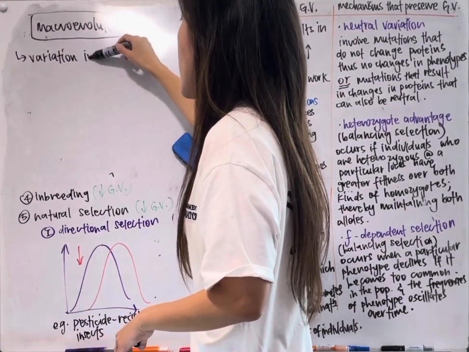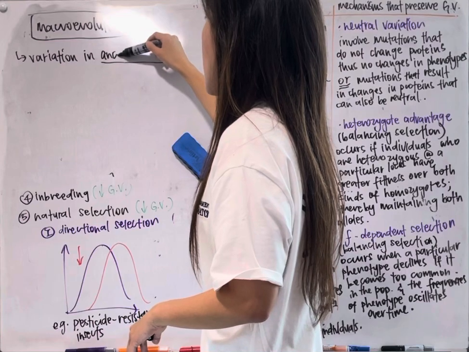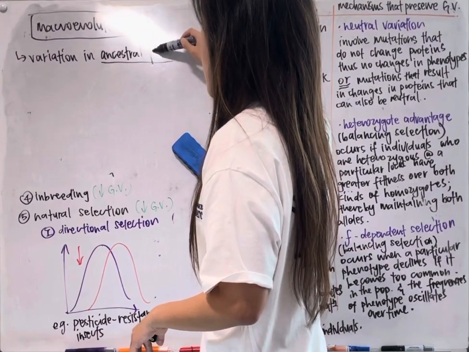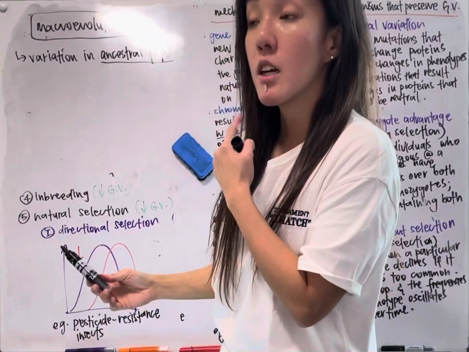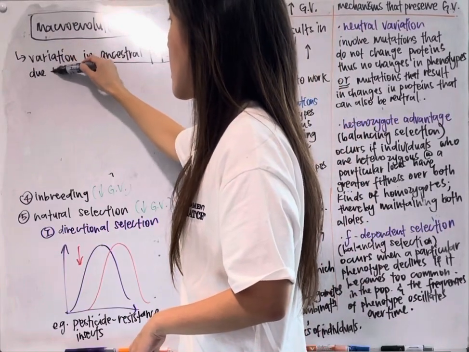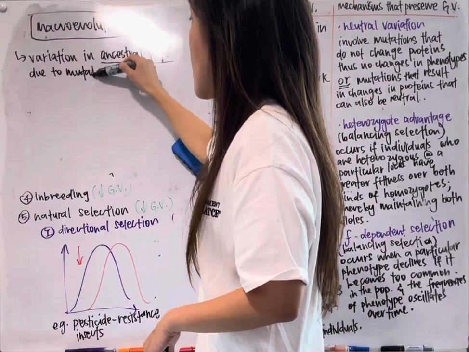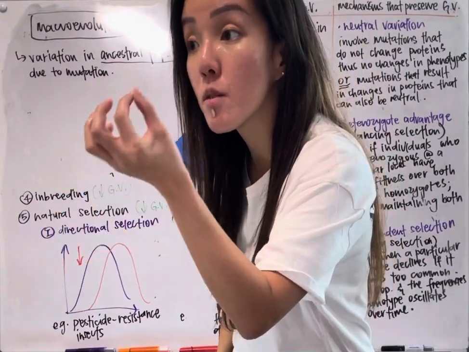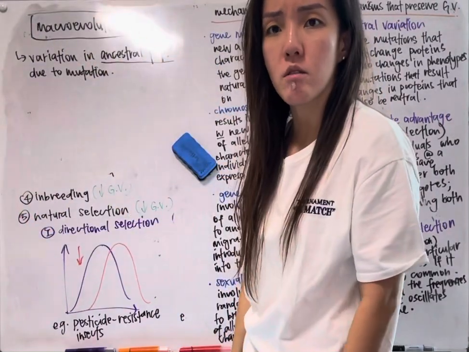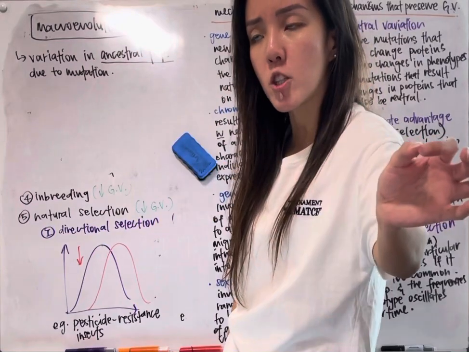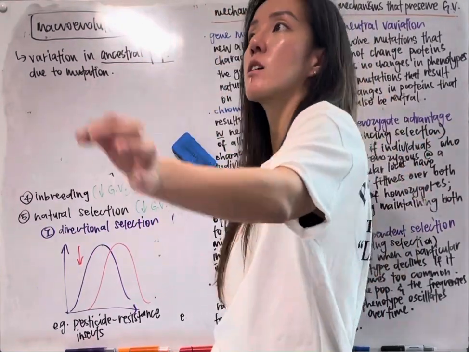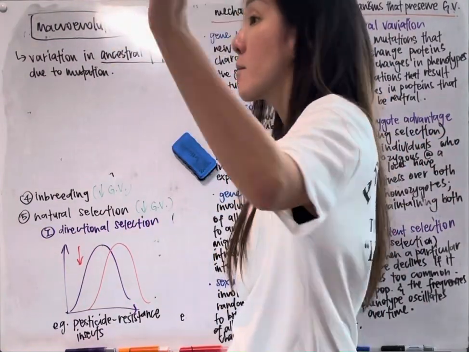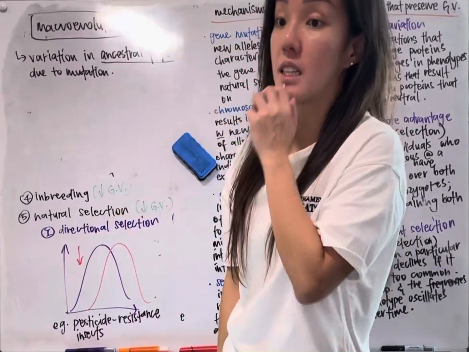You must say variation in the ancestral population, due to mutation. So if it's just within the species or micro, then no need to write ancestral, because everything comes from the ancestral species, right? So only when it's talking about speciation or macroevolution, then you must write the word ancestral.